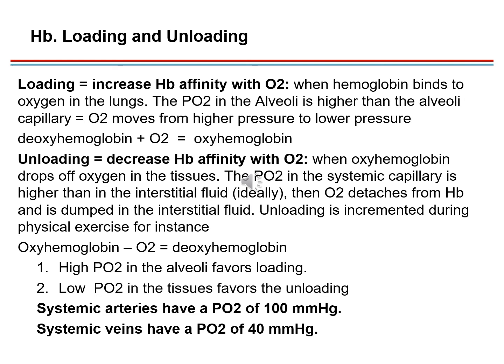In other words, when the systemic circuit is initiated, the pressure of oxygen is high, and after the systemic capillaries, that pressure of oxygen drops drastically from 100 to 40 millimeters of mercury, and in that way it is coming back to the right side of the heart.